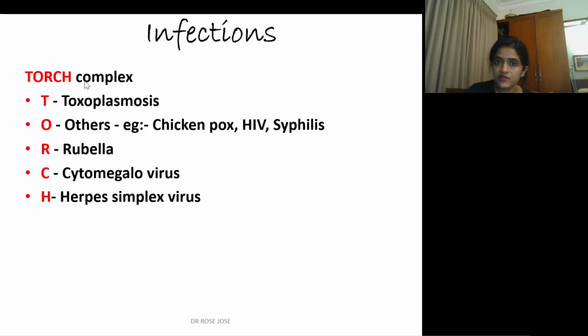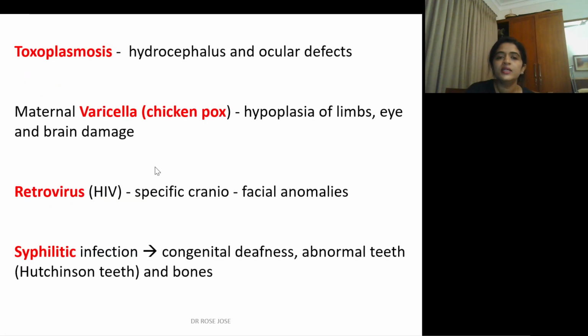Now talking about infections, you know the set of TORCH complex infections: T for toxoplasmosis, O for others which include chickenpox, HIV, syphilis, R for rubella, C for cytomegalovirus, and H for herpes simplex virus. Toxoplasmosis results in hydrocephalus and ocular defects. Maternal varicella, chickenpox, results in hypoplasia of limbs, eye and brain damage.